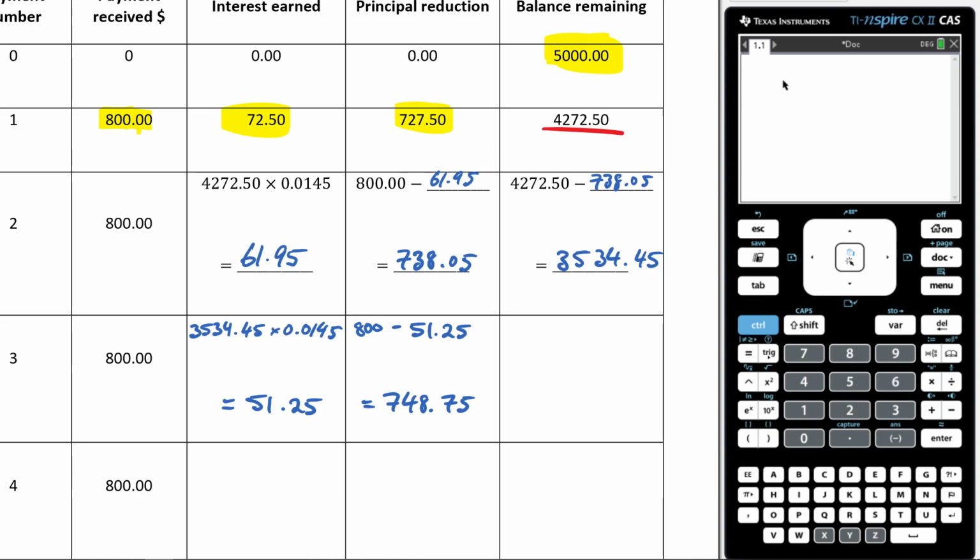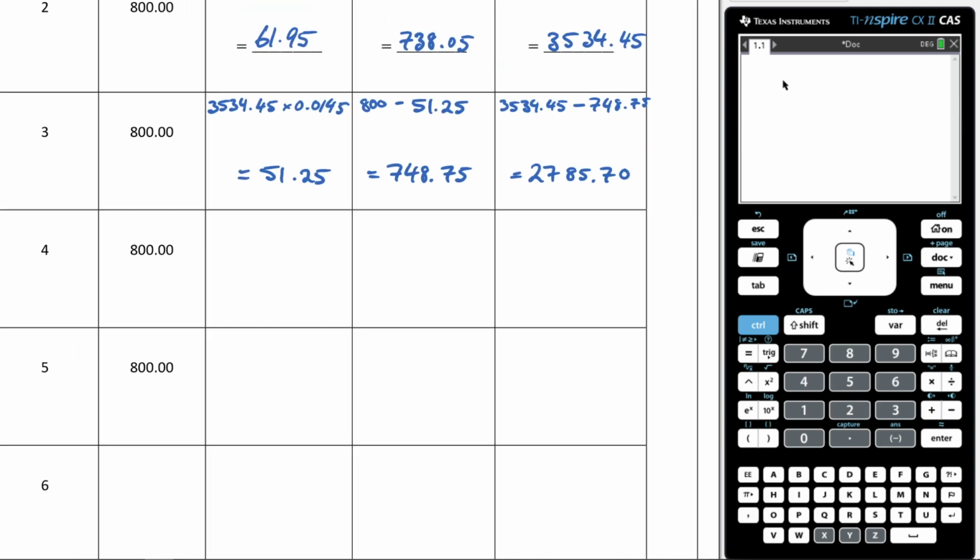Then to figure out the balance remaining, I take the previous balance, 3534.45, and subtract 748.75. My new balance is going to be 2785.70.